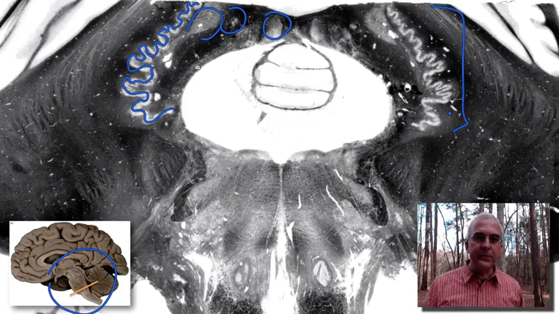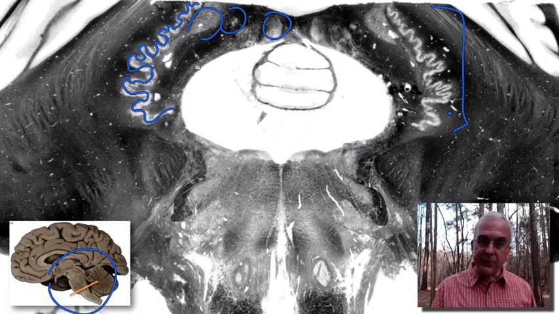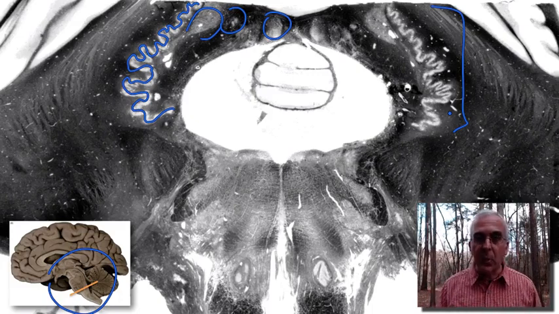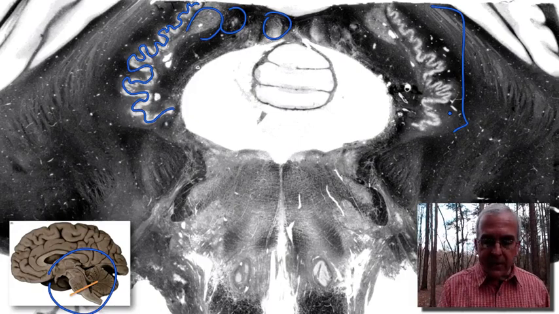you may think that you've seen something like that before if you've perused through sections of the brainstem in the medulla. This dentate nucleus visually resembles the inferior olivary nucleus. We'll talk about the inferior olivary nucleus in just a little while. So I don't want you to confuse the two. Even though they look similar, we know that this is the dentate nucleus because it is in the cerebellum, right?